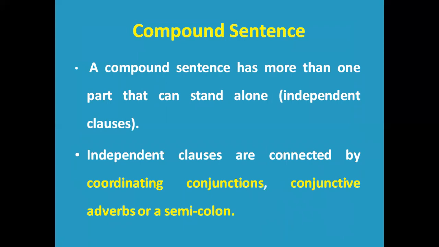Well, let's see the second type of sentence, the compound sentence. A compound sentence has more than one part that can stand alone. That is, independent clauses. A compound sentence consists of coordinating conjunctions, conjunctive adverbs, or semicolons.